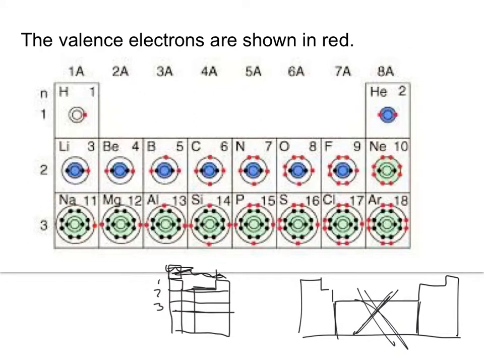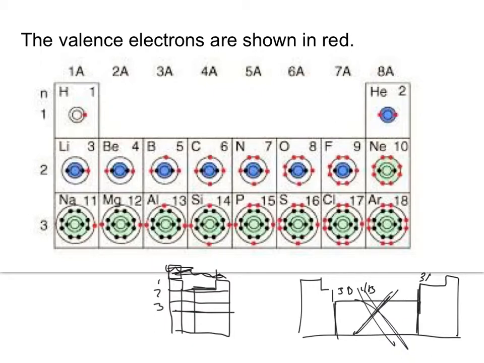Now the number of valence electrons is going to be shown by this number. On our periodic table, the transition elements' numbers are still, like this is still 3, but it's called 3B. And then you have 4B, 5B, 6B, 7B, 8B, 9B, all the way over to this side. And then it starts with the A's again.